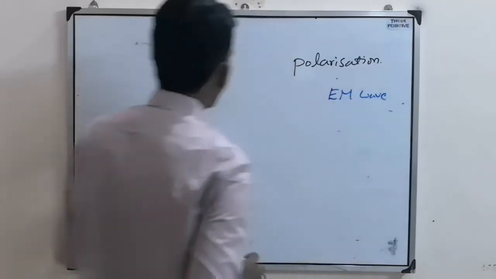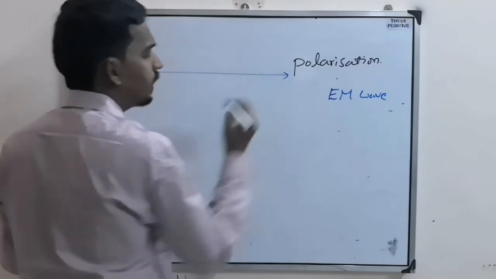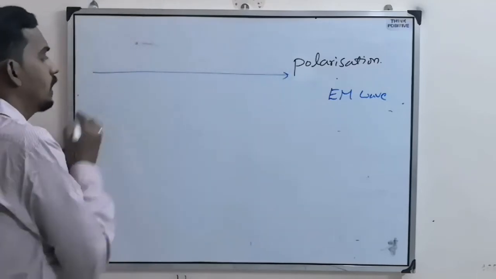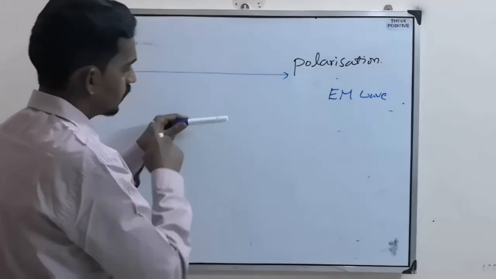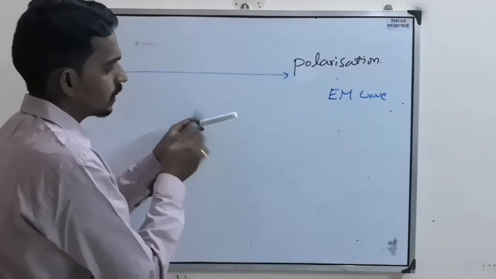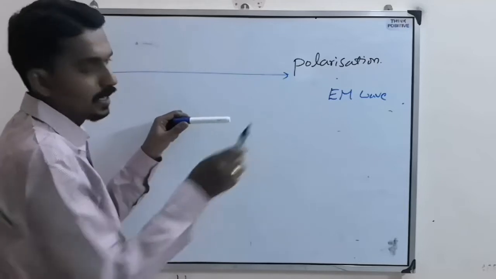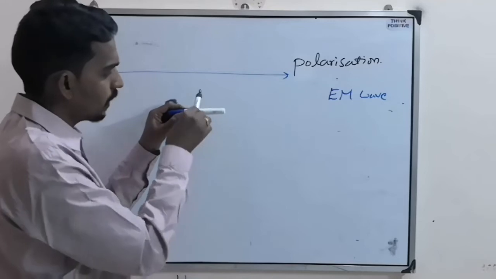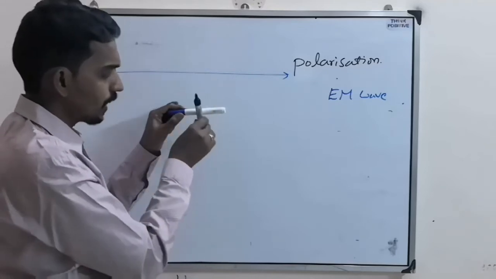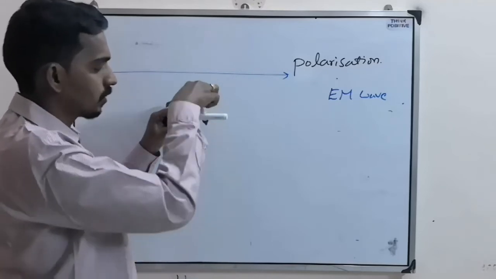That means when light is traveling in a particular direction, at every point, let's take it like this, this is the direction of propagation of the light wave. Now at any one point, infinite directions are possible perpendicular to it.